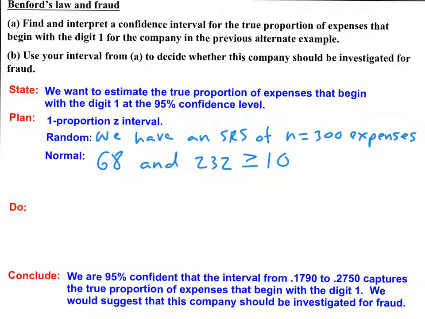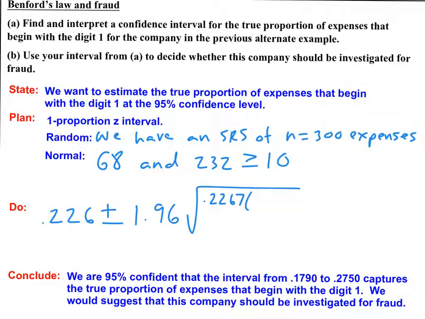Here's our do step. Plus or minus, 95% confidence. Again, notice here, basically I'm using p hat instead of p, but with a confidence interval, you do that because I didn't make that assumption that p was 0.301.